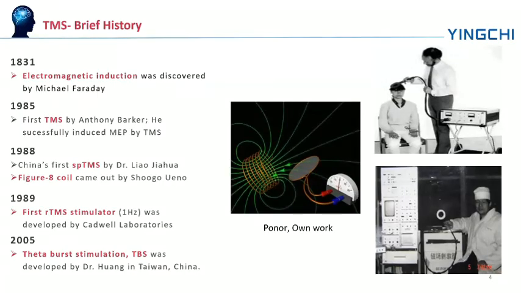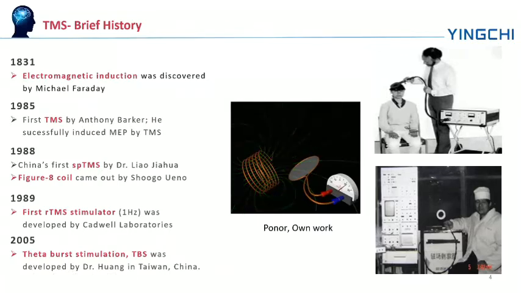Now, I have chosen some of the important histories of TMS. First, in 1831, electromagnetic induction was discovered by Faraday, which is also the basic physical principle of TMS. And in 1985, the first TMS was developed by Barker, and he successfully induced MEP by TMS, as you can see here.